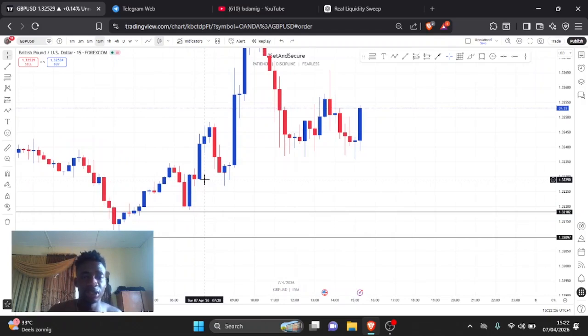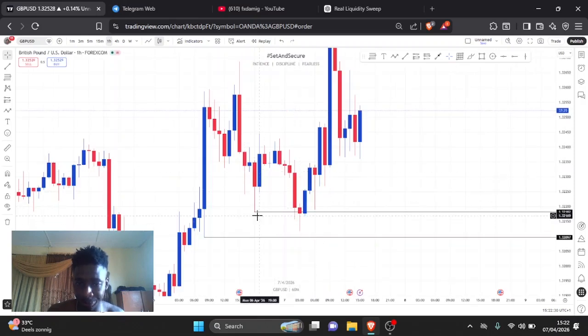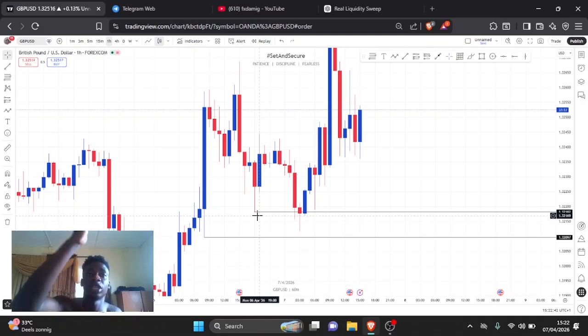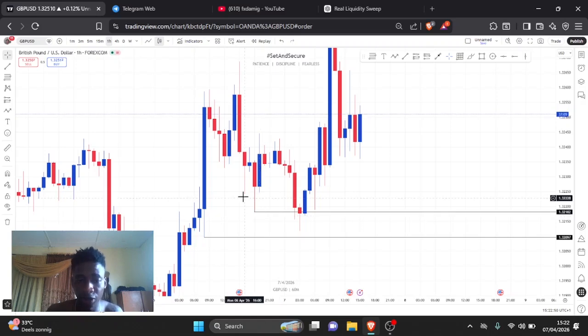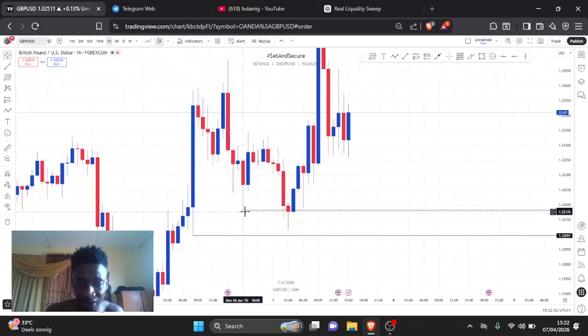We've gotten a 1 hour liquidity sweep here. So we want another 15 minute liquidity sweep facing towards the 1 hour point. Let's say, for example, we got a sell 1 hour liquidity sweep. We also want to have a sell 15 minute liquidity sweep to enter.